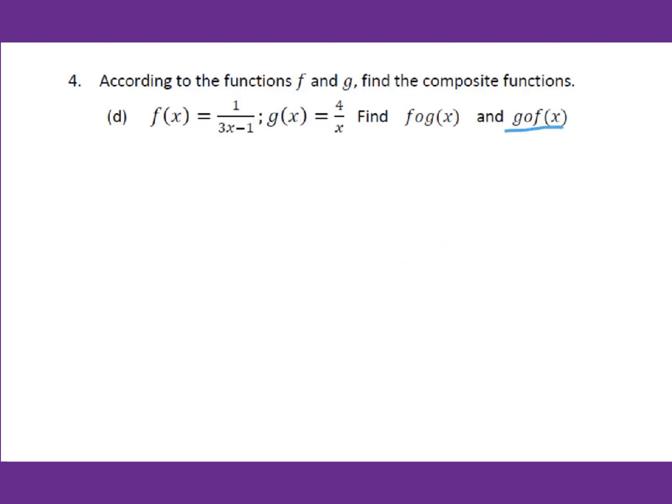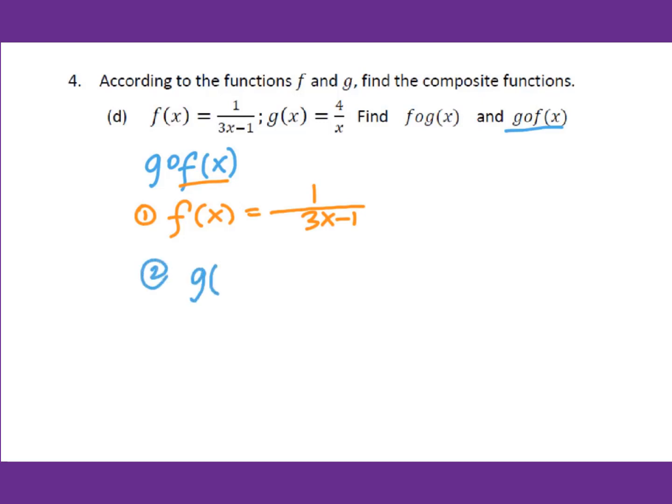Now let's go to g of f of x. Inside first, we do f of x first. We got 1 over 3x minus 1. Then we go to g of this. For the g function, every single x turns into 1 over 3x minus 1.